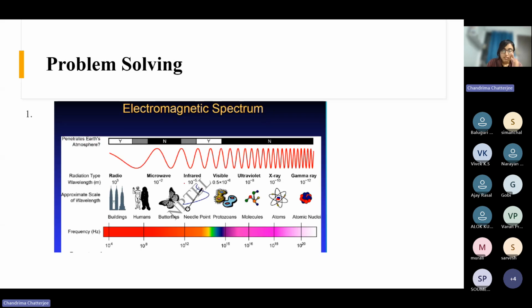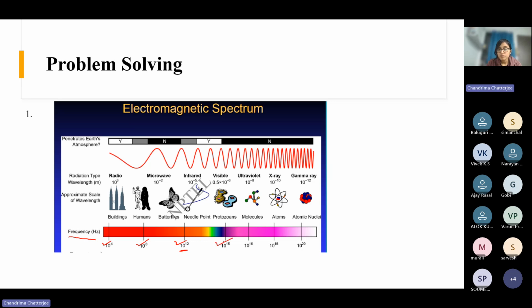Okay, so this is the diagram basically. Here, if you see, the frequency is given. The radio frequency is 10 to the power 4, which is basically 10 kilohertz. Then microwave, then infrared. Infrared is 10 to the power 12, 1000 gigahertz.